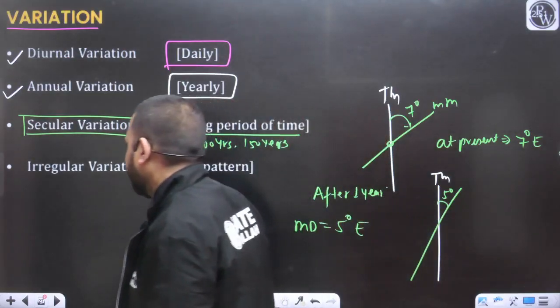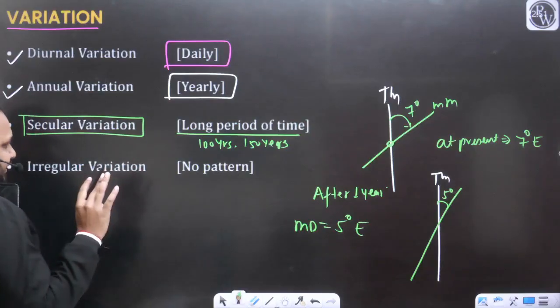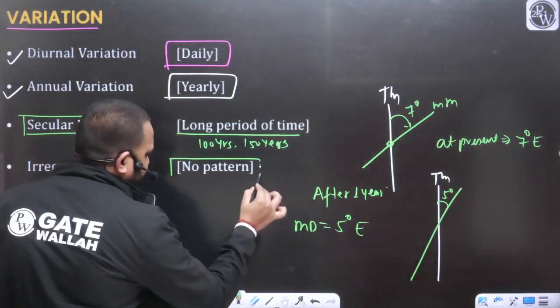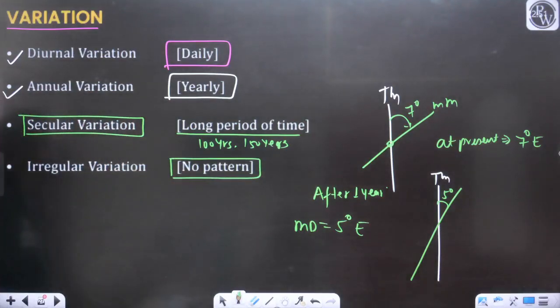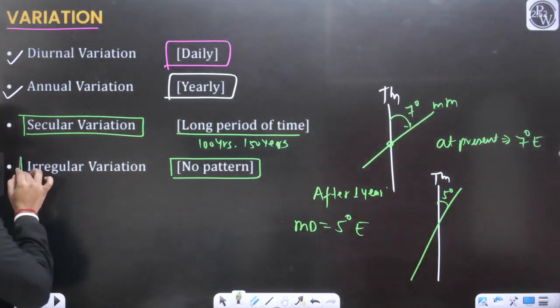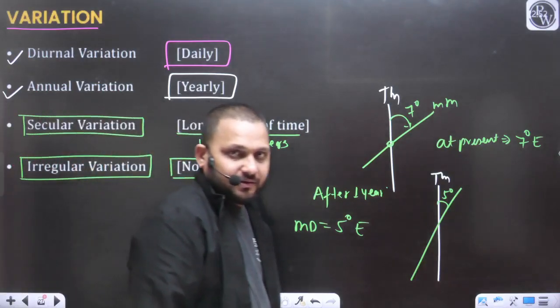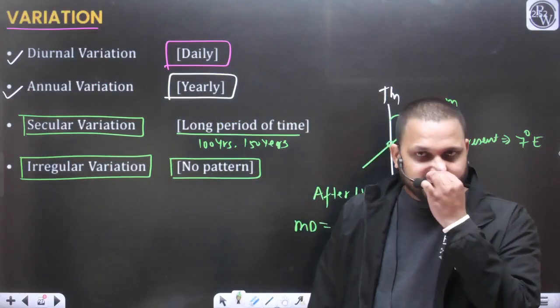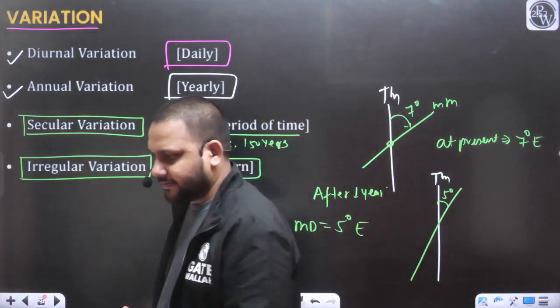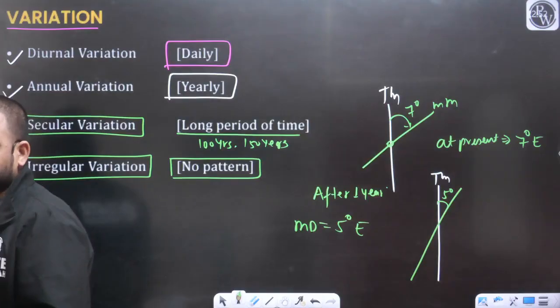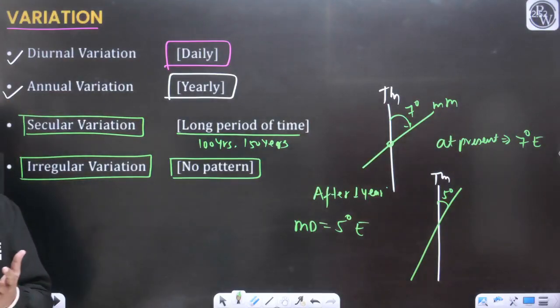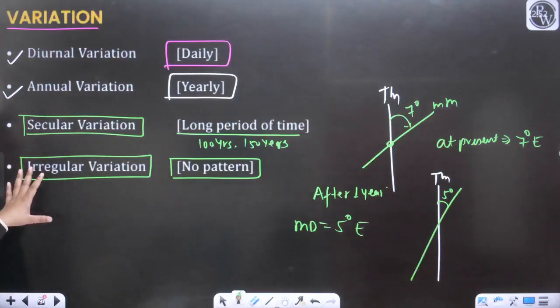And sometimes you will see variation without any pattern, a sudden change, an accidental change. These types of variation you are terming as the irregular variation, whenever there is no pattern and there is a sudden change.